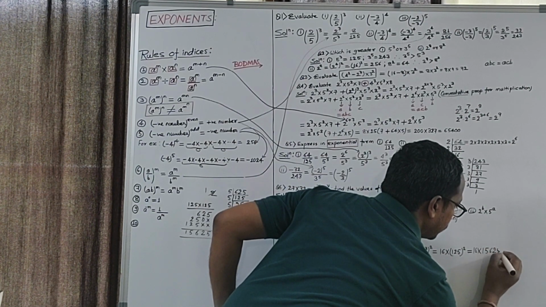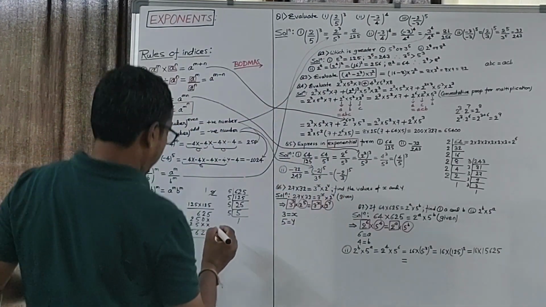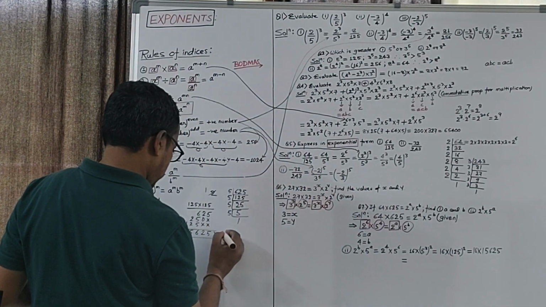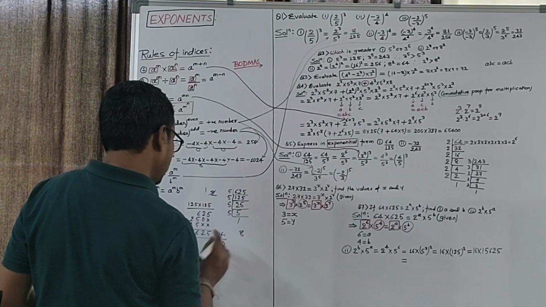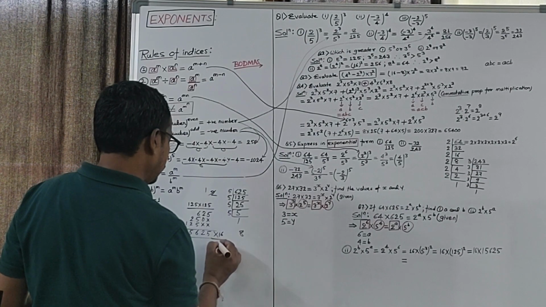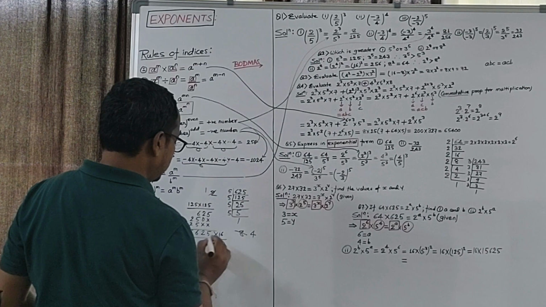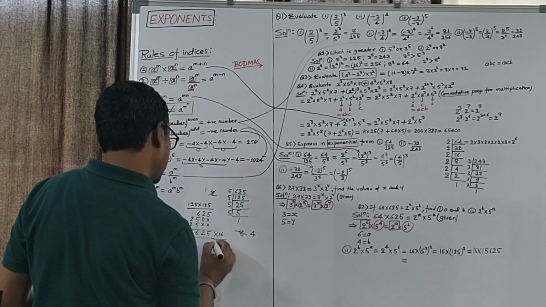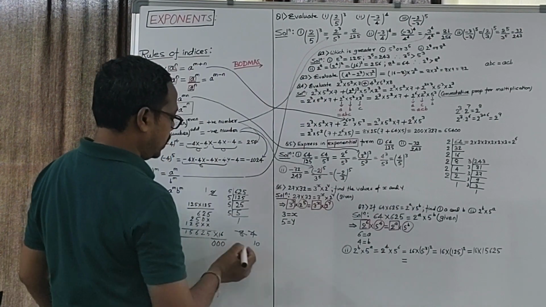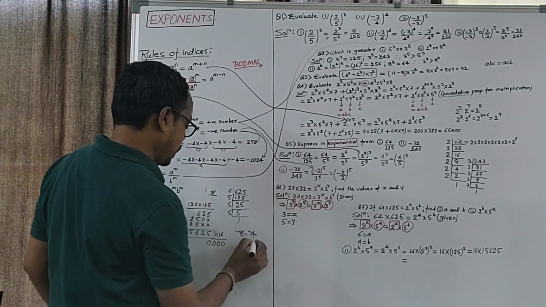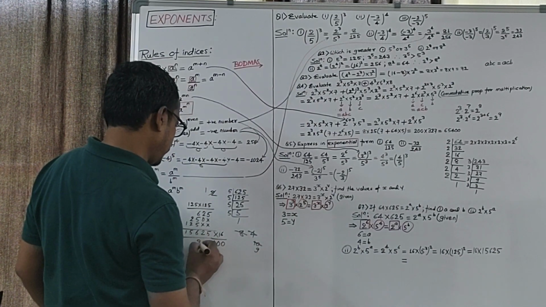And this becomes equal to, go and multiply it by 16. 16 fives are 80, 8 carry forward. 16 twos are 32, 32 plus 8 is 40, 4 carry forward, right? 16 sixes are 96, 96 plus 4 is 100, 10 carry forward. 16 fives are 80, 80 plus 10 is 90, 9 carry forward. 16 ones are 16, 16 plus 9 is 25.